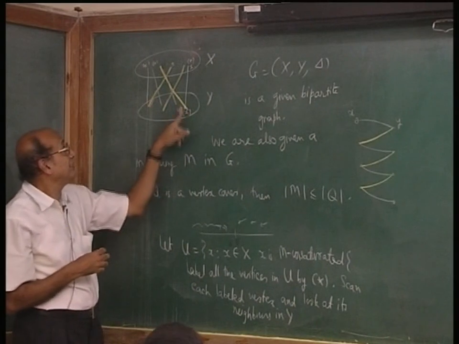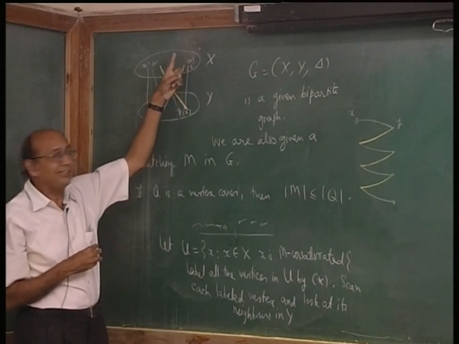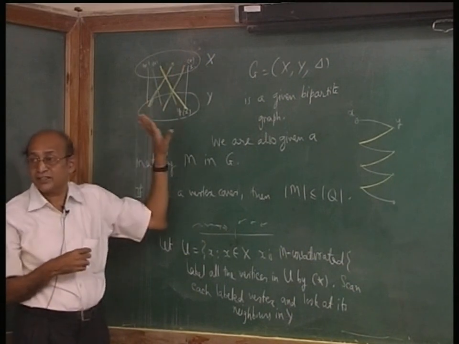Why do you write X? This is just to say that that augmenting path is coming from X. The alternating path is coming from X. This is a record.